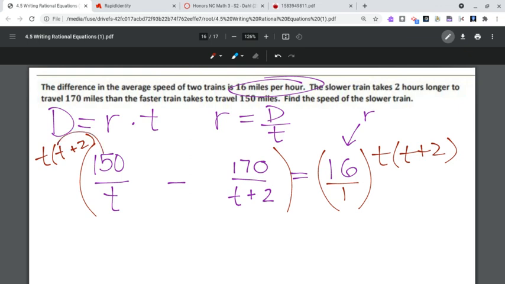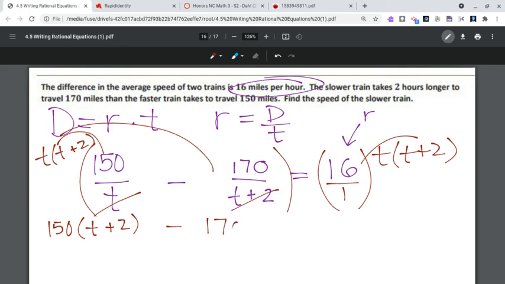Okay, distribute here, here, and here. The T will cancel here, which is 150 parentheses T plus 2, minus the T plus 2's will cancel, so you're at 170T equals, nothing can cancel, so 16T parentheses T plus 2.